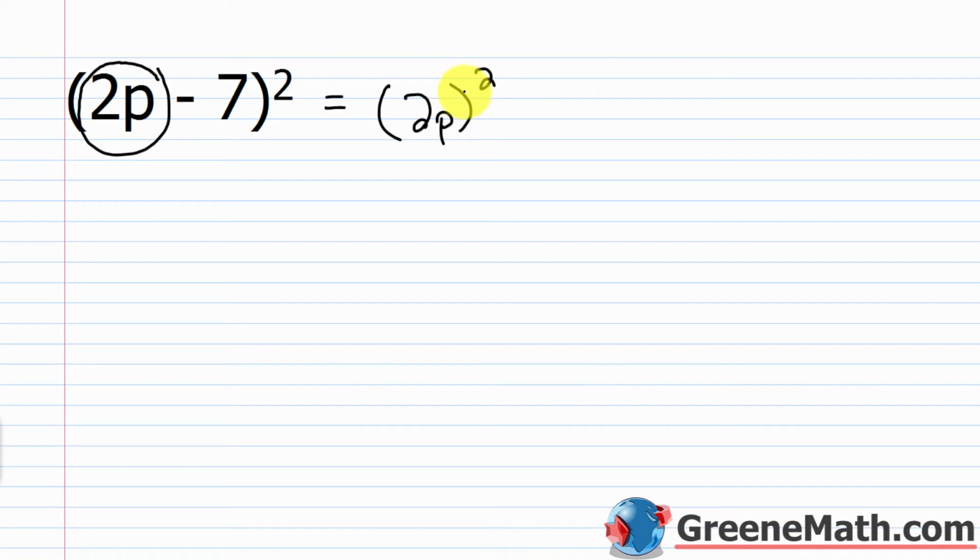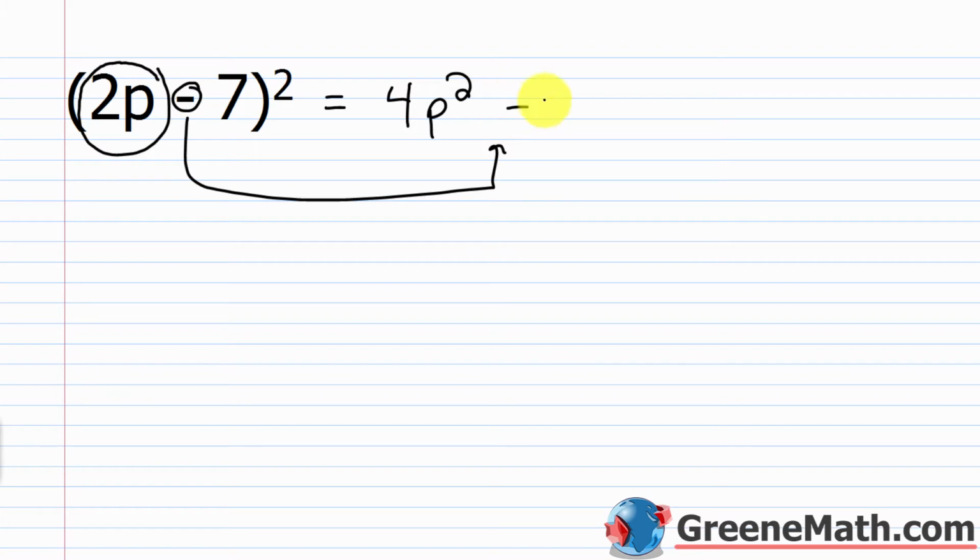So if I evaluate this, I would end up with what? 2 squared, which is 4, times p squared. Another common mistake would be to say, okay, I just have 2p squared. No, the whole thing has to be squared. Then I have the minus here, and then times 2 times whatever's in this position, so that's times 2p, times whatever's in this position, which is 7. 2 times 2 is 4, 4 times 7 is 28.